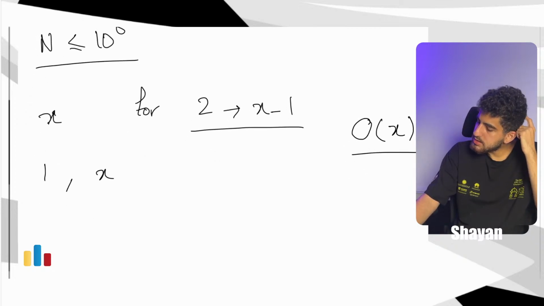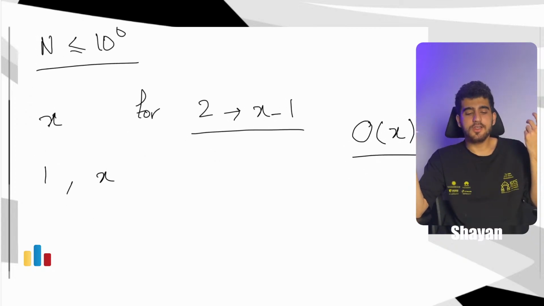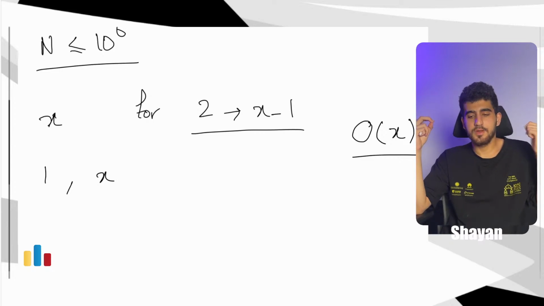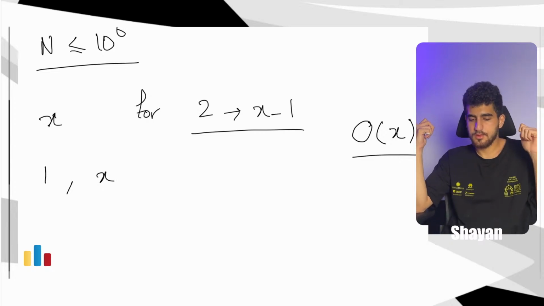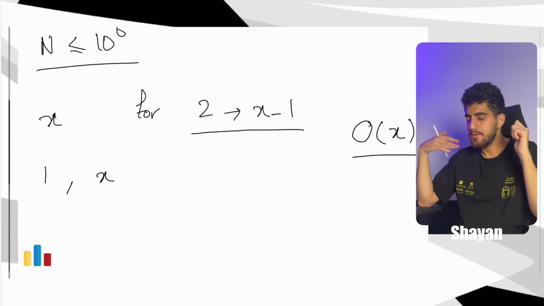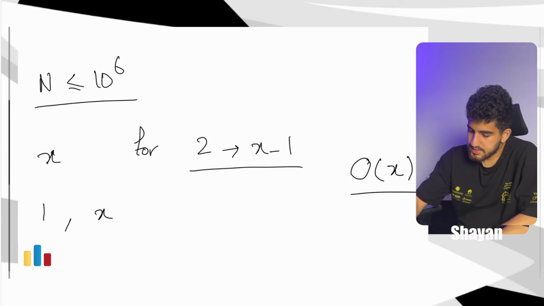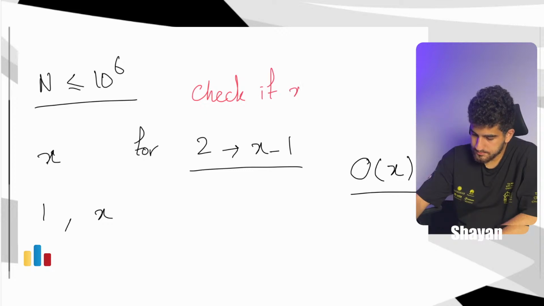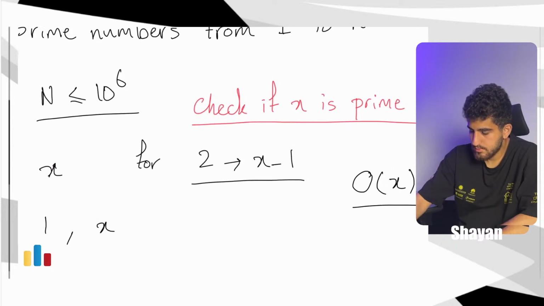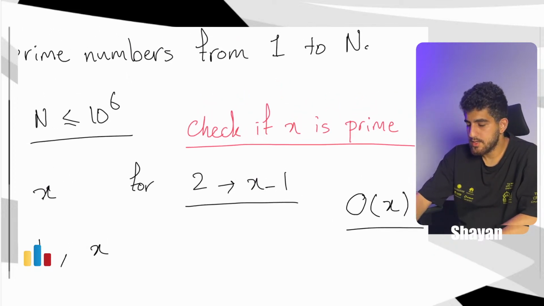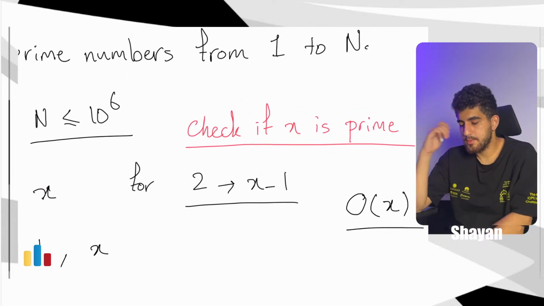But we can also optimize it a little bit. Do you have any idea to optimize it, make it a bit better? We want to check if x is prime. So we are trying to find all the prime numbers from 1 to n.